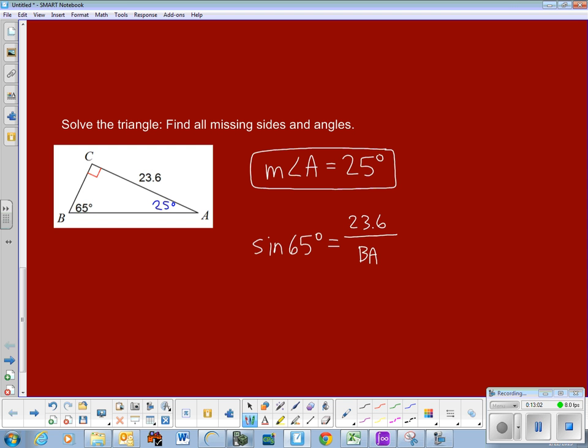Okay, so sine is opposite over hypotenuse. 65 and 23.6 were both givens. Technically, the 2 steps that are going to happen to solve this equation, by the way, I don't mean BA as 2 different things. That's just, I could call it X or whatever. I just called it BA to represent that side length. The 2 steps that are going to happen, I'm going to multiply both sides by BA, and I'm going to divide both sides by sine 65 degrees.